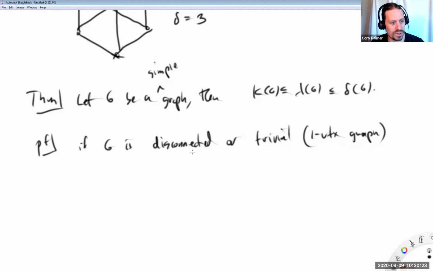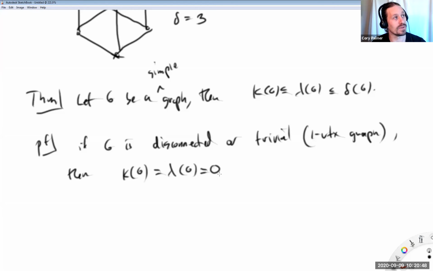Okay, so if G is disconnected or it's trivial, then kappa of G equals lambda of G. They're both clearly 0, right? They're already not connected. So they're safe under the removal of no vertices at all, right? You don't need to remove anything in order to disconnect them.